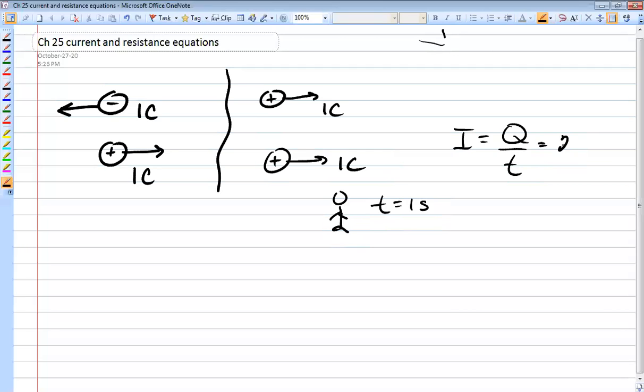And so this would be 2 coulombs over 1 second, or a 2 ampere current. That's the situation on the right.